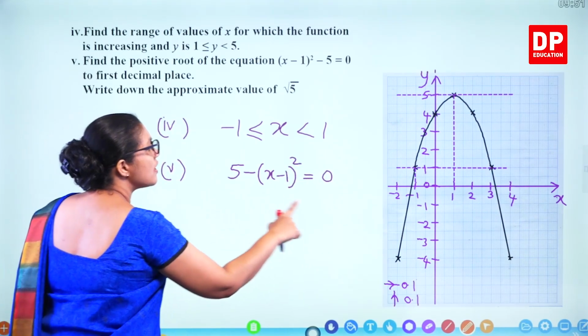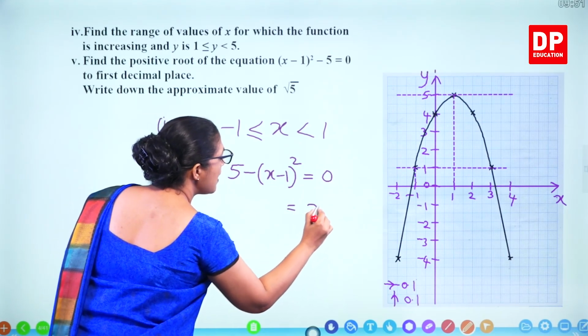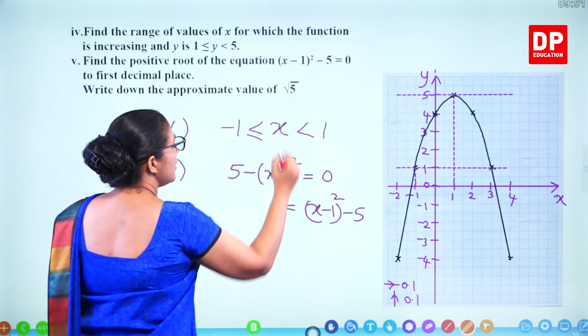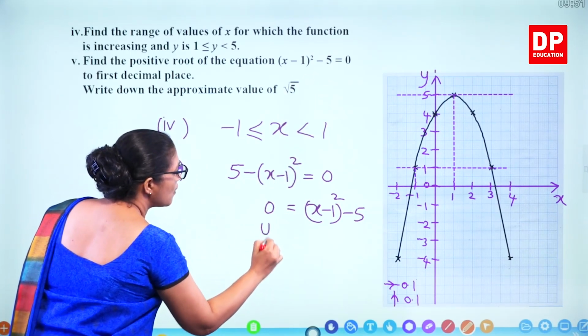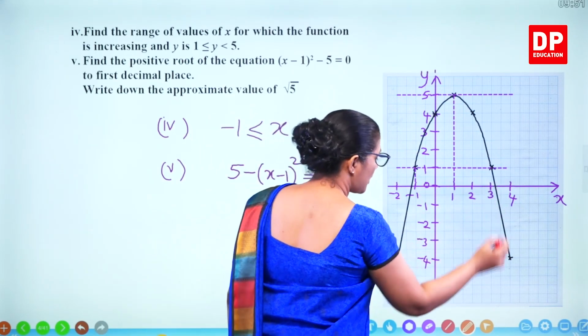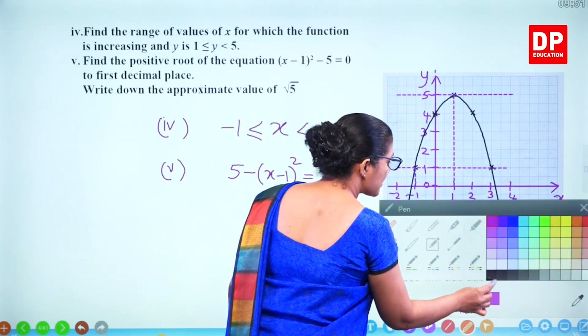Now when you take it to the other side, you get the same. X minus 1 squared minus 5 equals 0. So this means y equals 0. So for the y equals 0 line, what are the 2 intersecting points?